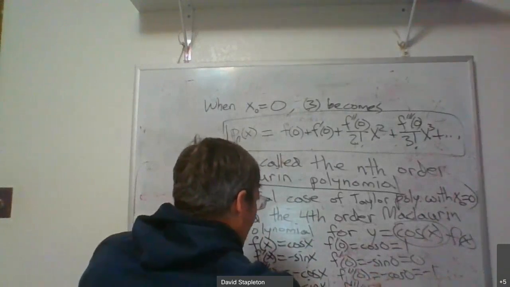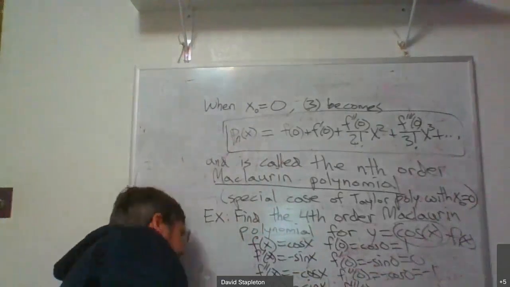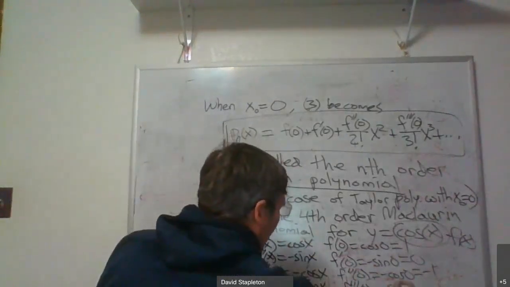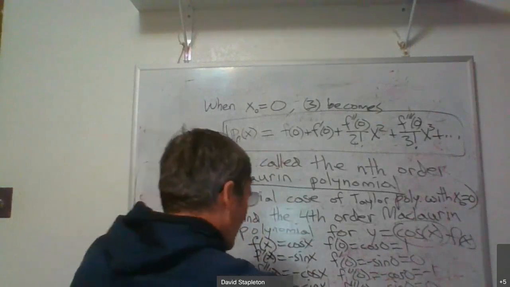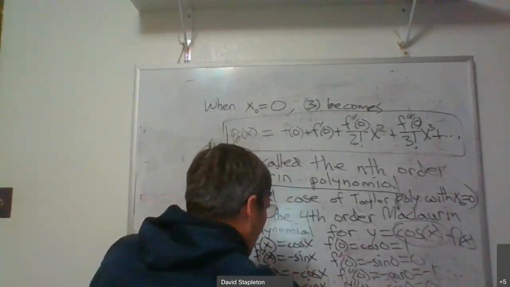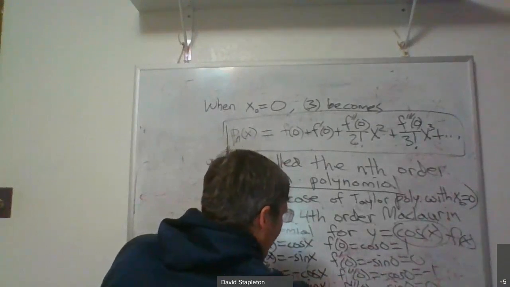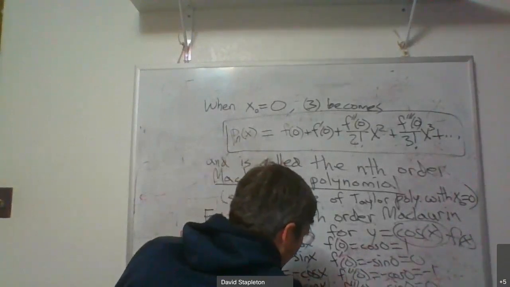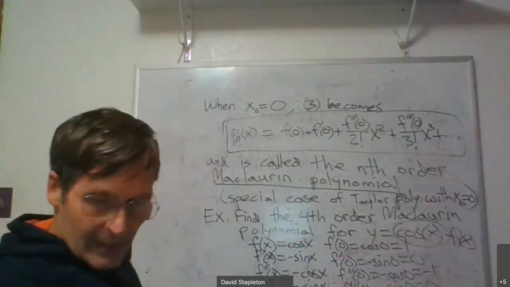F triple prime at 0 is plus sine of 0. Fourth derivative at 0 is again the cosine of 0. So there's the first 4 derivatives at 0 that I need.